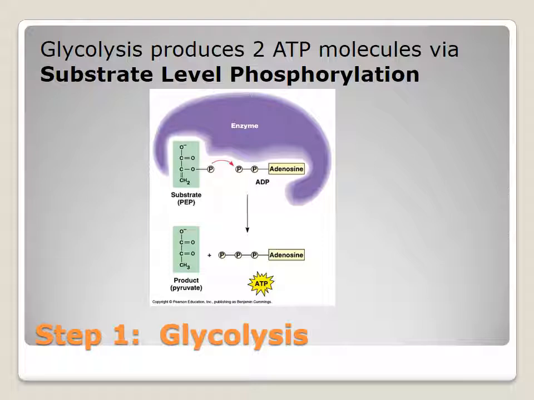So substrate level phosphorylation is using an enzyme to take a phosphate and add it to an ADP. You're phosphorylating using an enzyme. So glycolysis is substrate level phosphorylation. Tricky question, what's the other way that we know how to phosphorylate something? A very efficient way. Chemiosmosis. We're going to see that in a few minutes. But here we've made some super quick energy using substrate level phosphorylation.